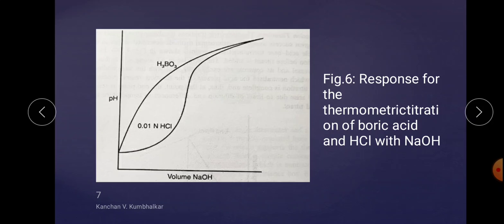On the x-axis we are taking the NaOH which has been added successively, but on the y-axis we are not measuring a temperature, we are measuring a pH here. Means in this case it's a typical pH response for the titration of boric acid and HCl with the NaOH, shown in this figure.